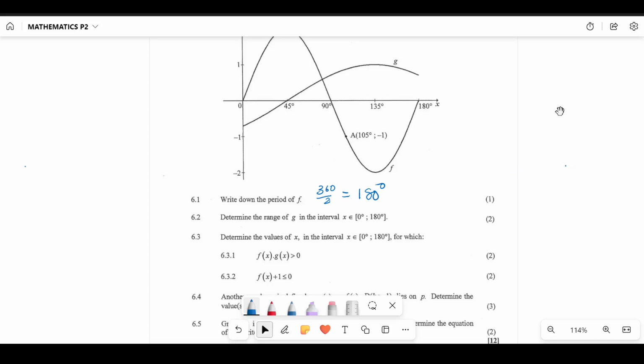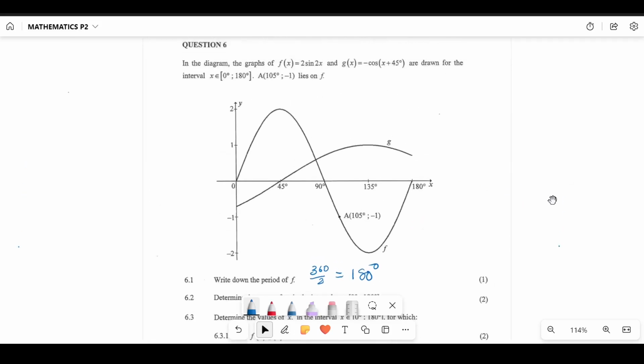So here in 6.2, the function is g of x equal to negative cos x plus 45 degrees.